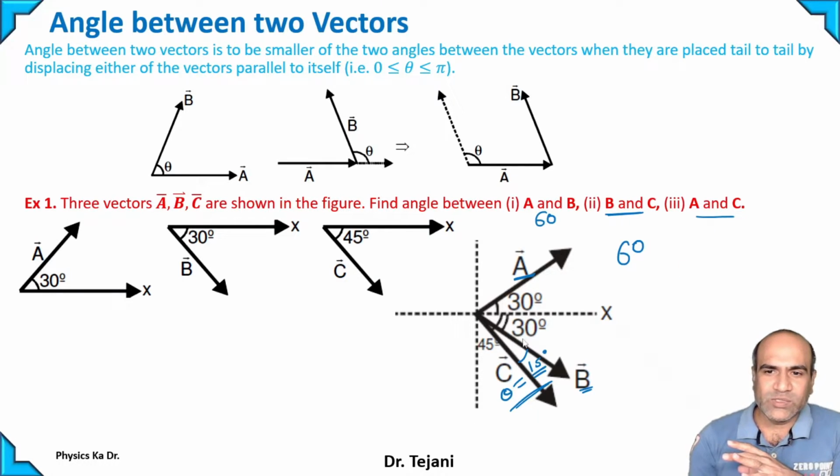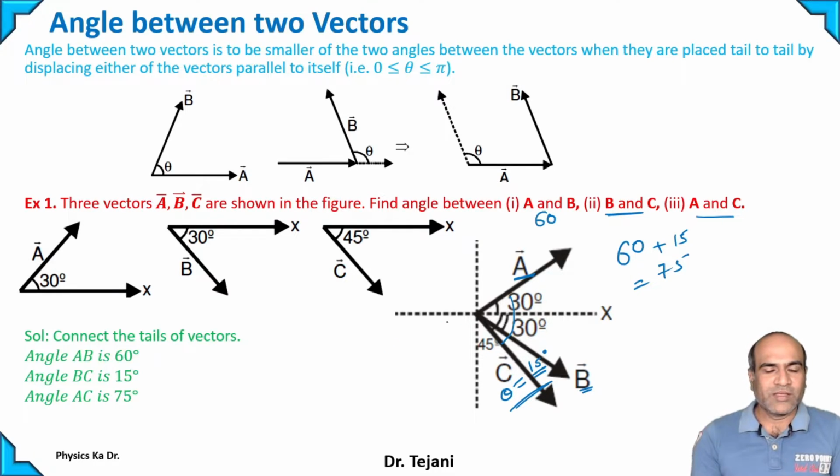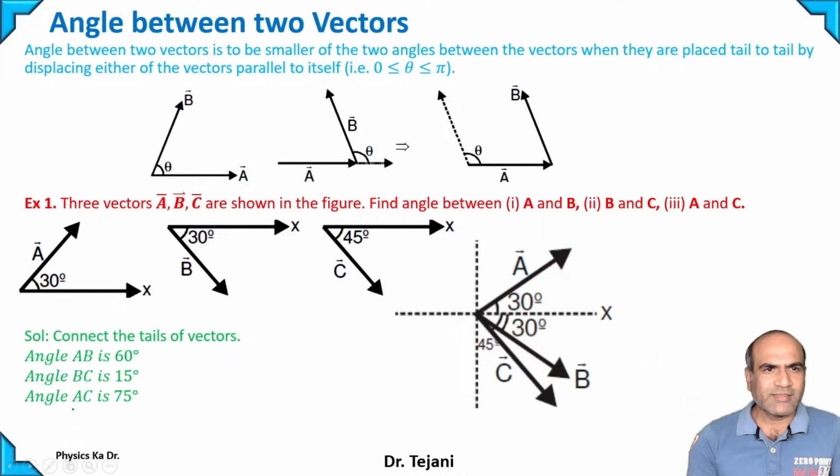And A to C, that becomes 30 plus 30 plus 15, that becomes 75, right? These are our answers. Seems very simple. I think you are getting some feel of physics. Great.